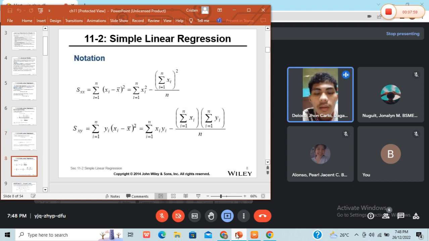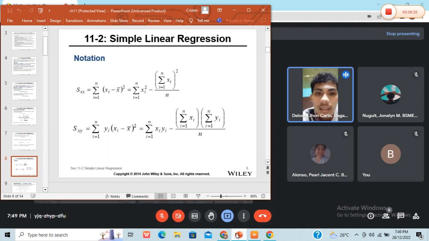So we have here the notation S sub xx is equal to the summation of the quantity x sub i minus x bar squared, which is equal to the summation of x squared minus the summation of x, squared, divided by n.